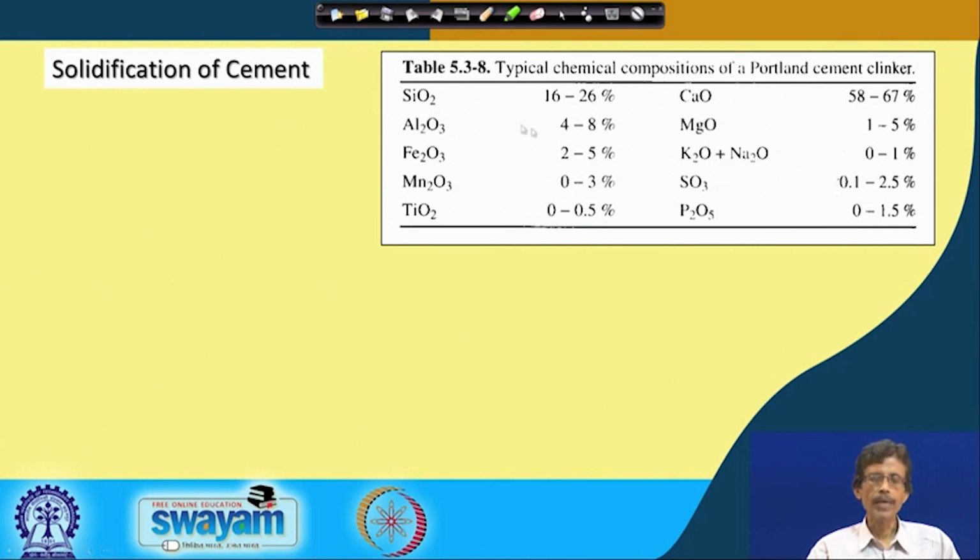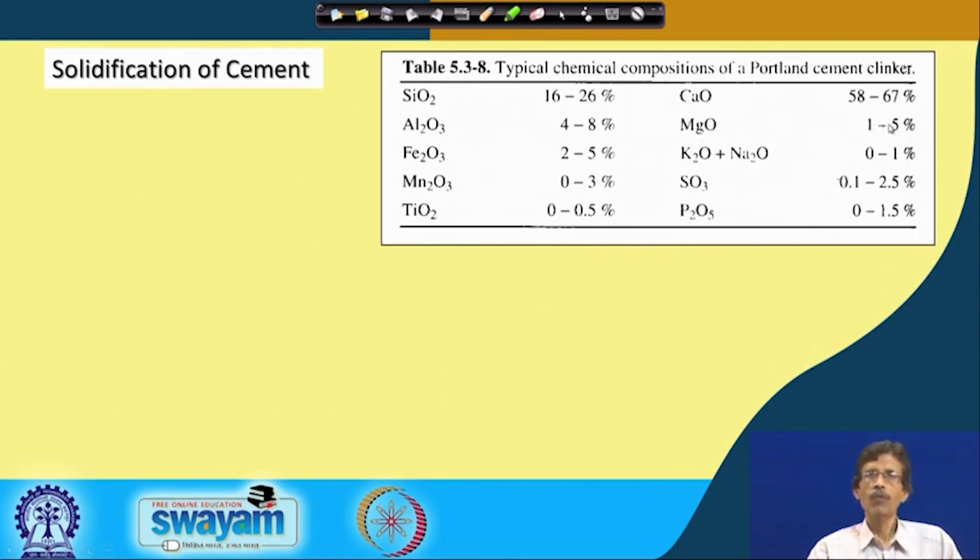Then we have 4 to 8%, the next higher category, of calcium aluminate, that is alumina, so the calcium component is rising. Then ferric oxide, Fe2O3, is 2 to 5%. Then magnesium oxide, which also has some kind of binding behavior in cement, ranges from 1 to 5%.